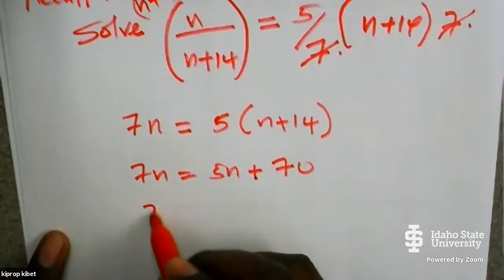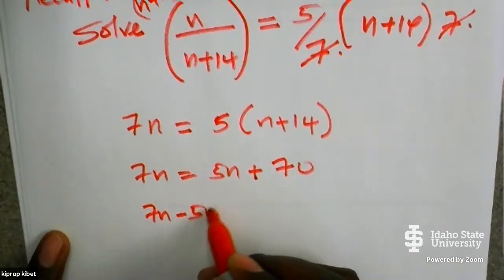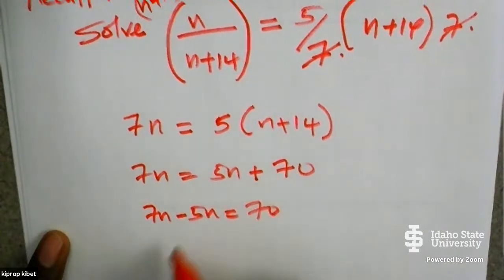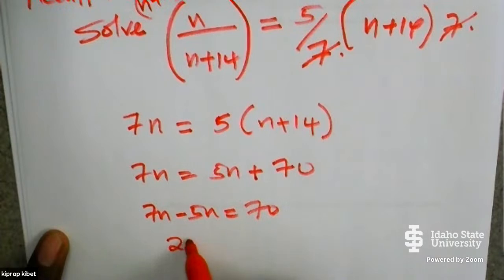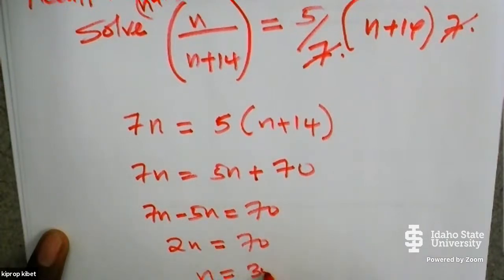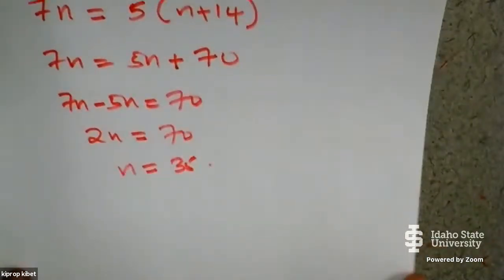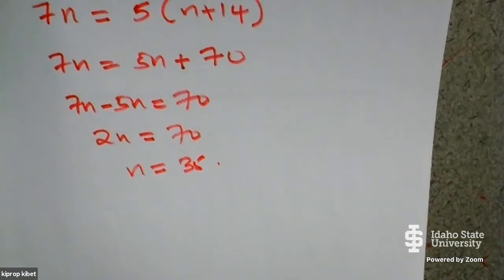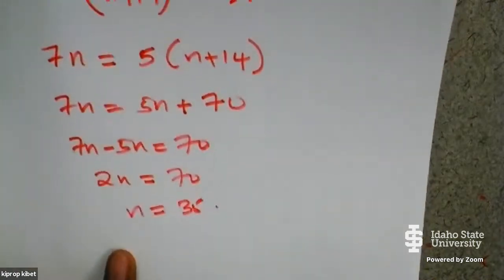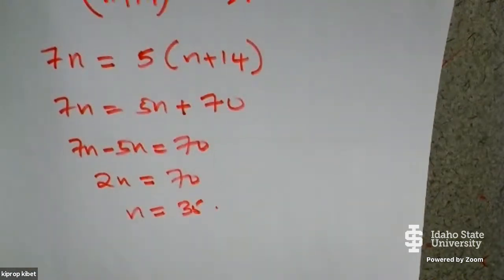Take this to the other side: 7n minus 5n equals 70, so 2n equals 70, so n equals 35. Therefore, for this equation to be proportional, n equals 35.